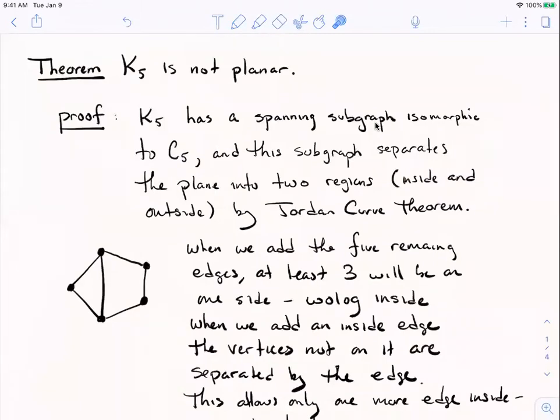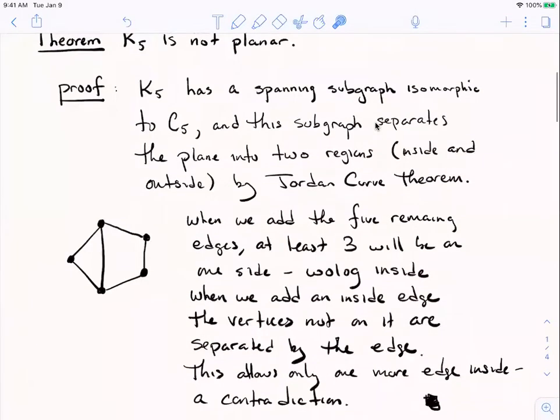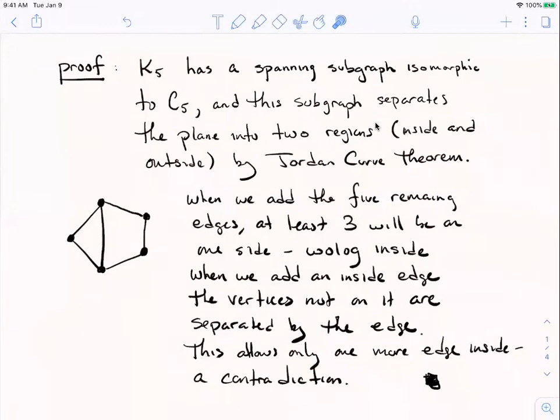And because 5 is an odd number, the number of inside edges and outside edges can't be equal, so there has to be at least 3 edges on one side. And without loss of generality, I might as well assume it's the inside, because otherwise I can just write the whole proof switching inside and outside. Okay, so we have to have at least 3 edges inside.